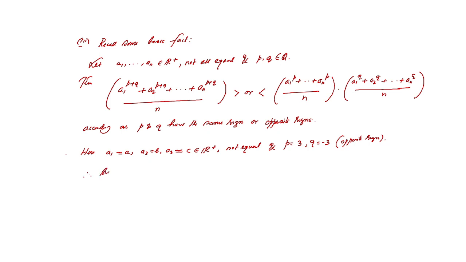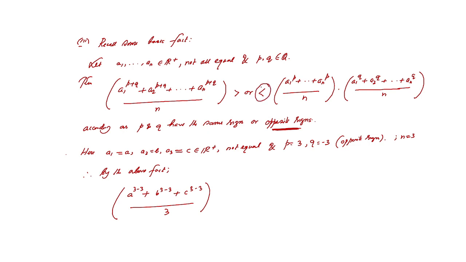So therefore, by the above fact, what we say? A to the power 3 minus 3, B to the power 3 minus 3, C to the power 3 minus 3 by 3, because here n is 3, the positive number we have taken. So if they are opposite signs, we will take the less than symbol.